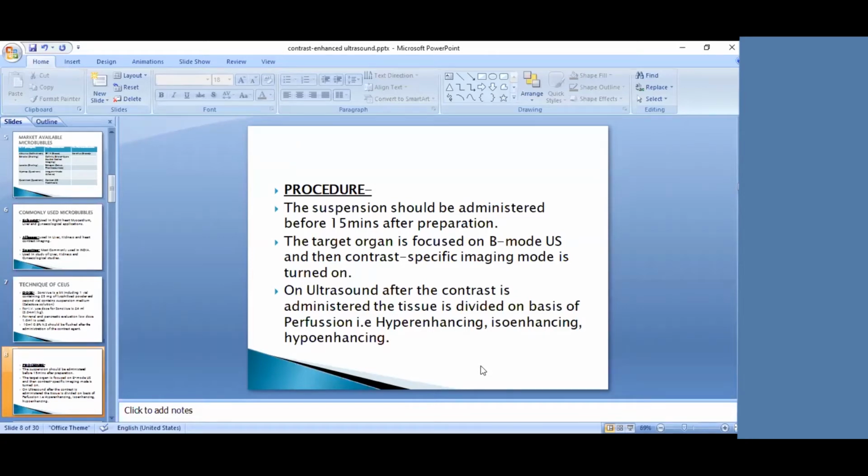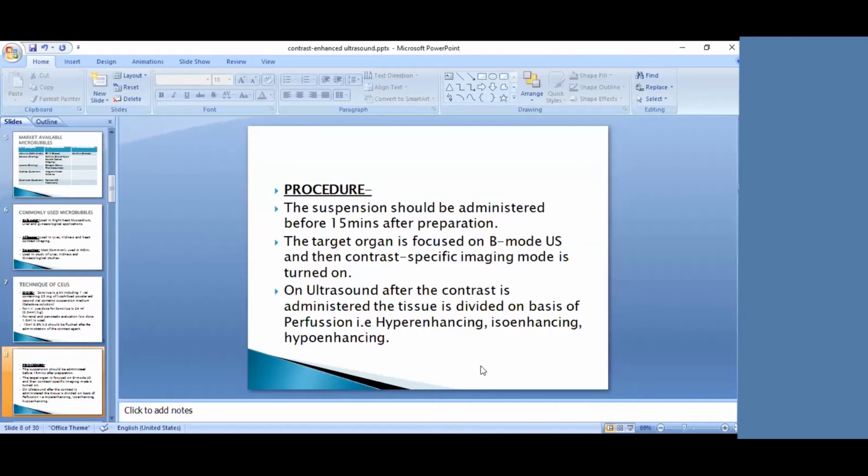Now, how will we divide the tissue? In conventional ultrasound, we have hypoechoic, hyperechoic, and isoechoic. Here we divide it on the basis of perfusion. So what do we have? Hyper-enhanced, iso-enhanced, and hypo-enhanced.